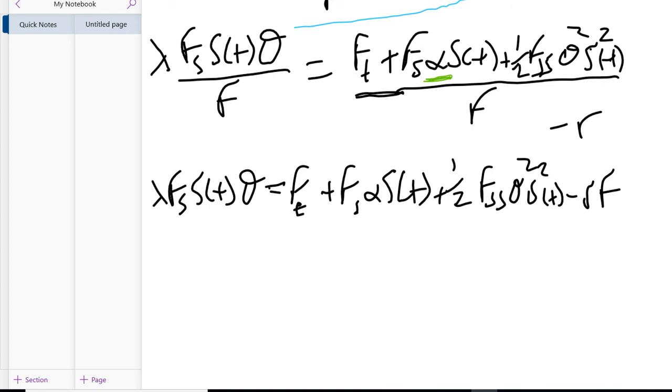Okay, so doesn't look like a very good r. R f, okay.